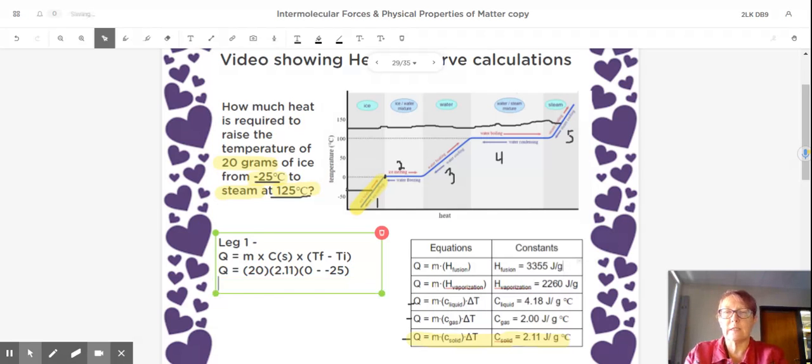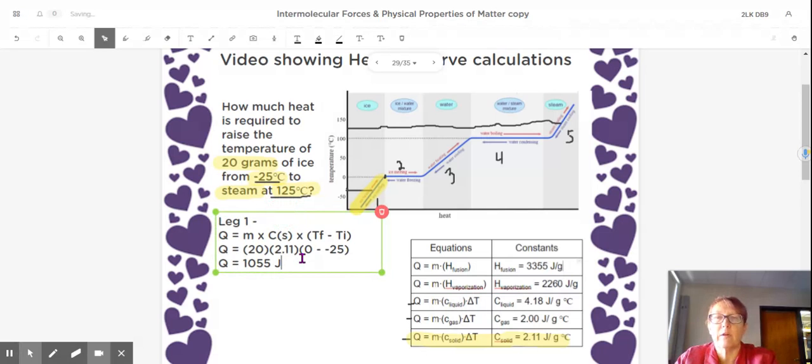So I get Q is equal to 1055. Our units are going to be joules. Now I'm just going to check that calculation again real quick. So 20 times 2.11 times 25. Yes. Okay. So that's leg 1.